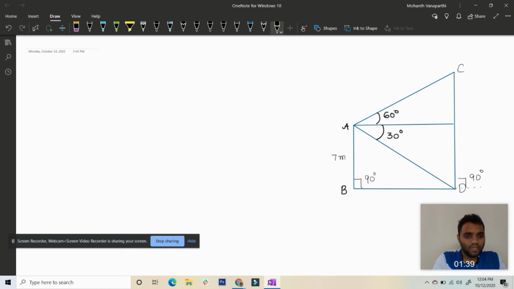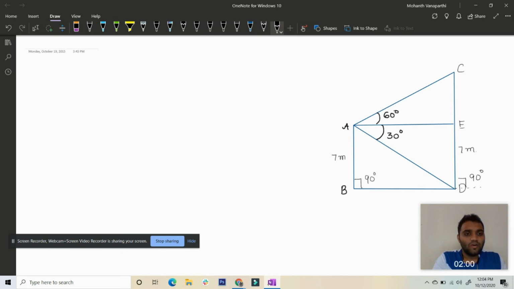So from here we can conclude that ABDE is a rectangle. In a rectangle, opposite sides are equal and parallel. So AB is 7 meters, now DE also becomes 7 meters.